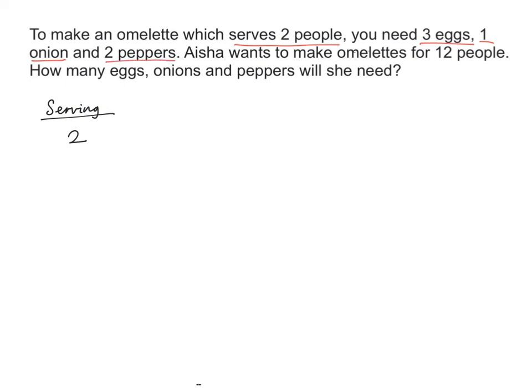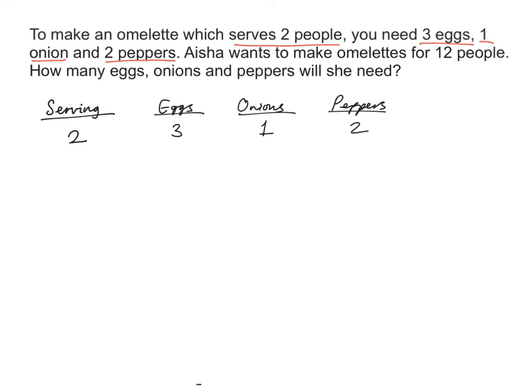So for a serving of 2 people, we write the number of eggs here, you need 3 eggs, onions, 1 onion and peppers. You need 2 peppers.